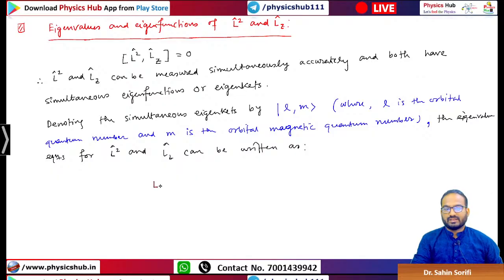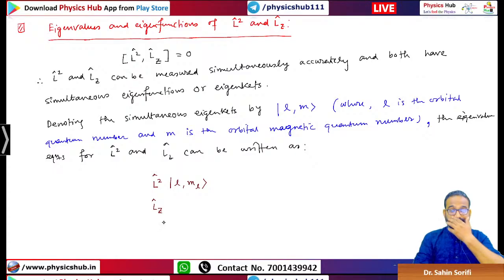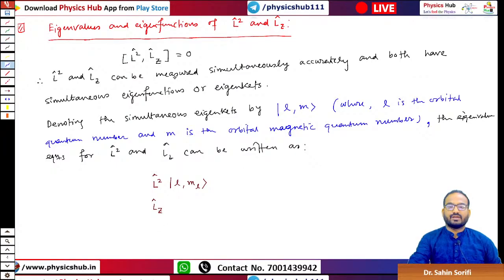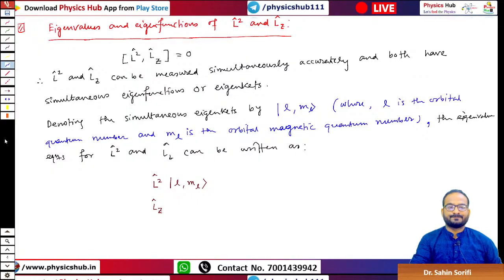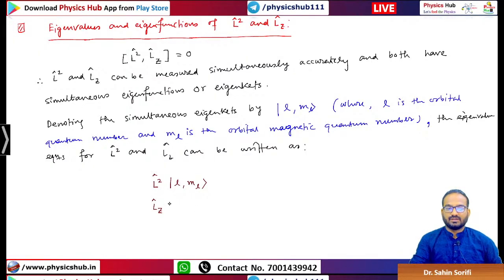L square and Lz have simultaneous eigenfunctions, denoted |l, ml⟩. So they will have the same set of eigenfunctions, but the eigenvalues will be different.